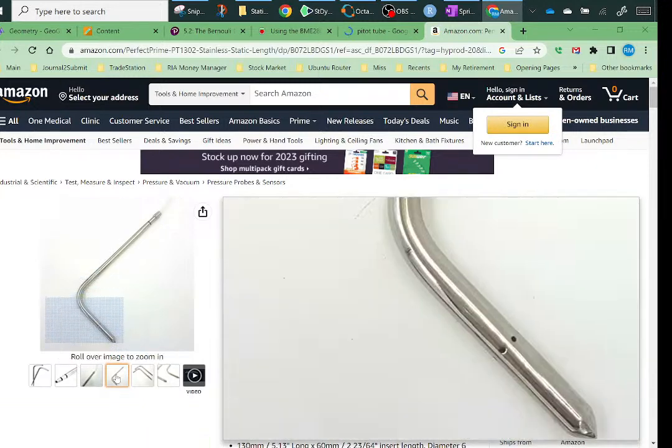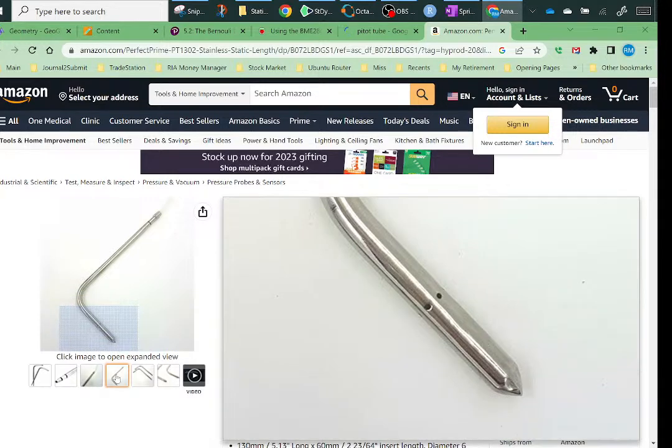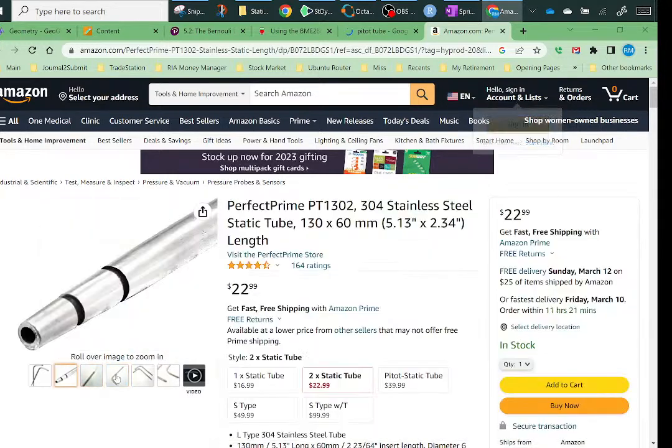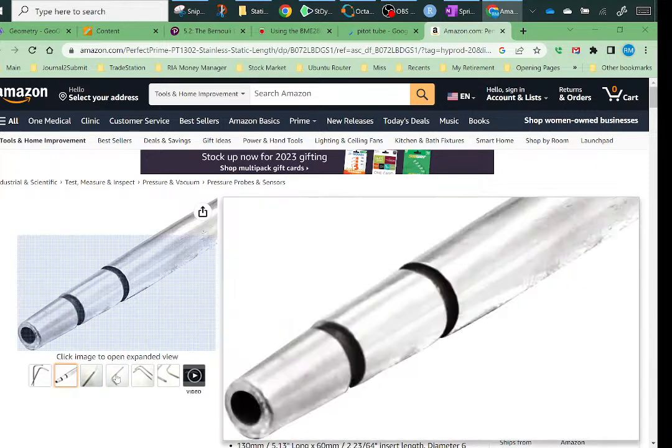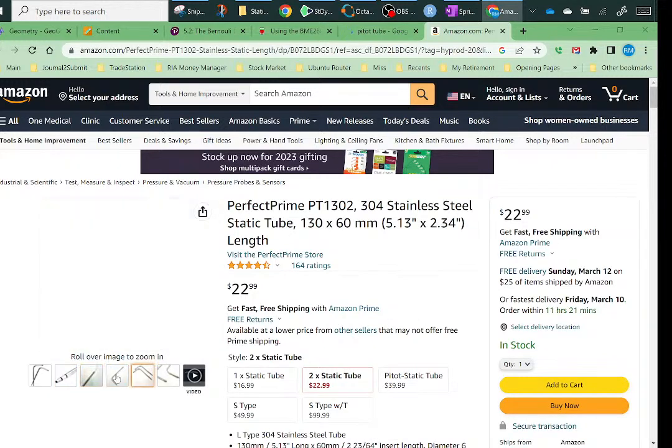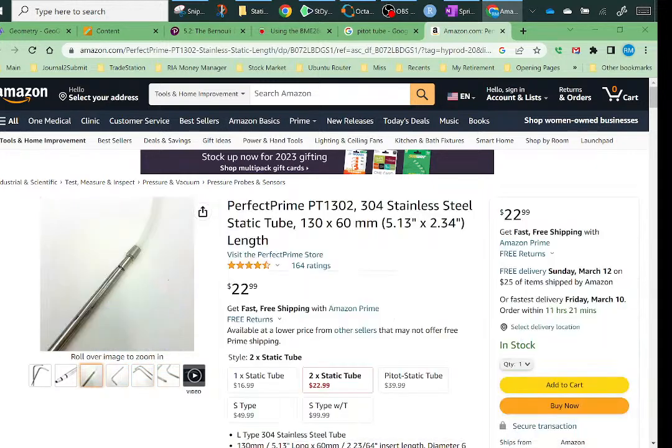But you notice what he's got. There's 2 holes drilled on the side. That's a really ugly looking drawing. That's really not very good. Let me get in there closer. Okay, this is just a static tube. So this doesn't have both.